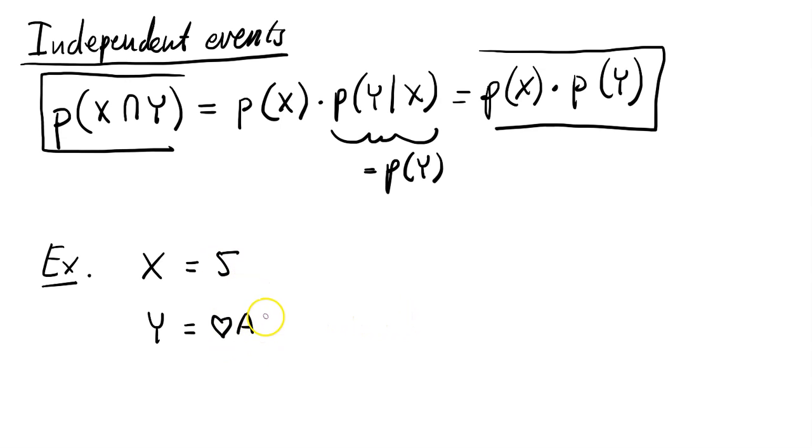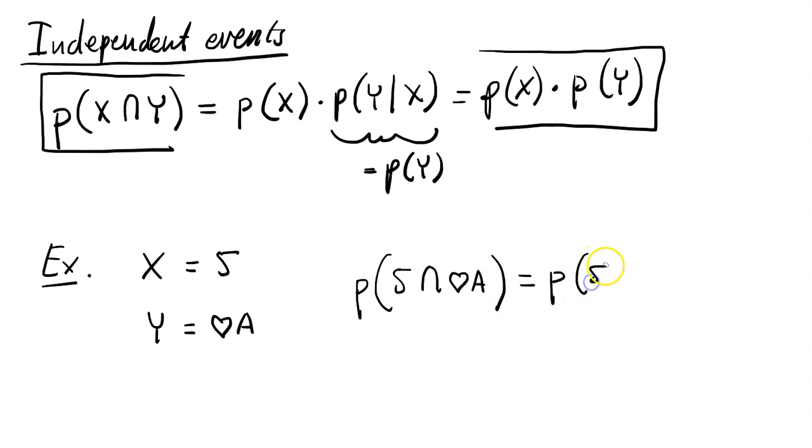These two events have nothing to do with each other. So if we know that we have gotten a 5 on the die, it doesn't change anything about drawing a card, and vice versa. So getting a 5 with the die and getting an ace of hearts if we draw a card from the deck are independent events. So in this case, we can just multiply the probabilities for the two events.